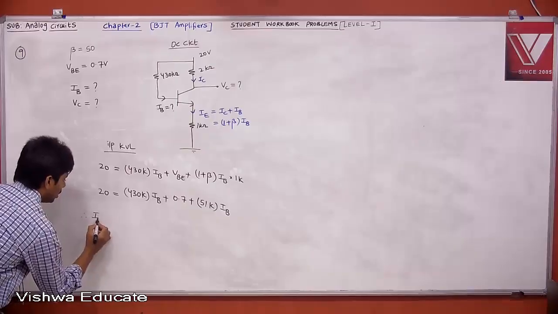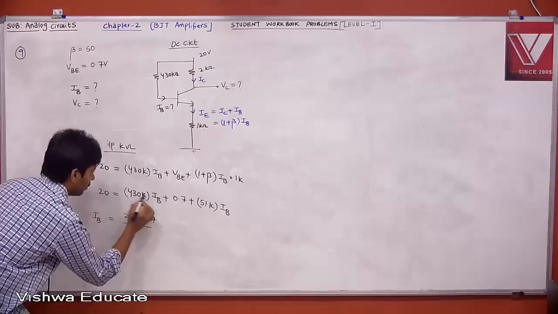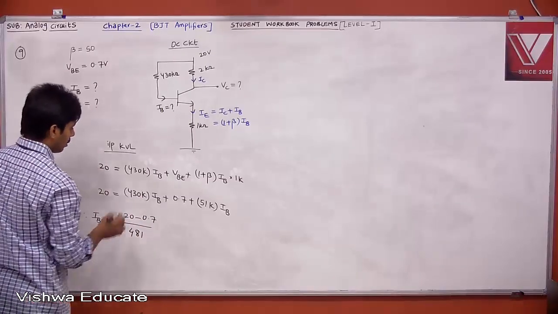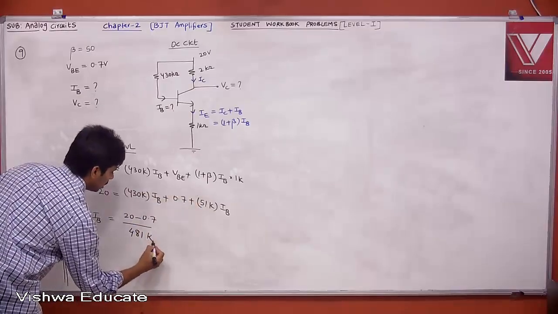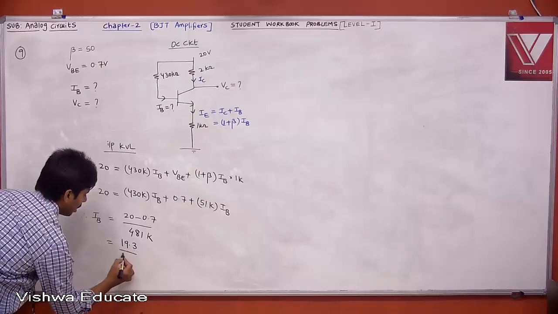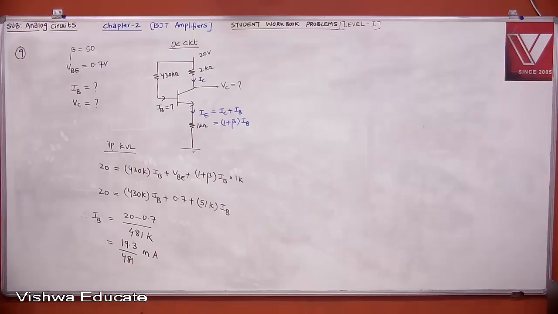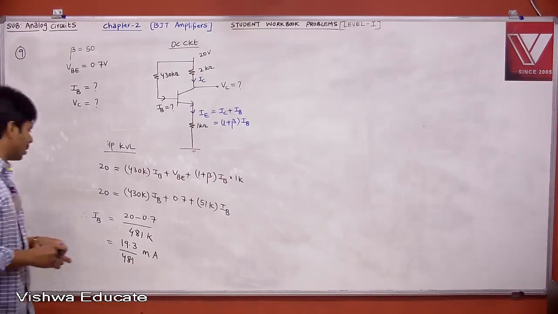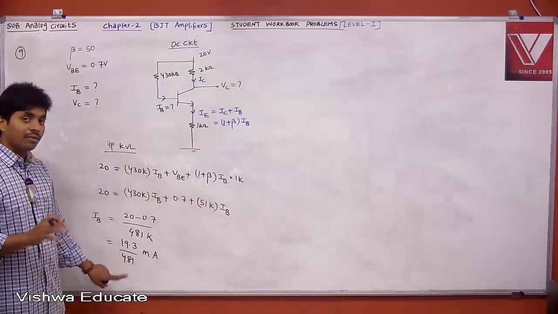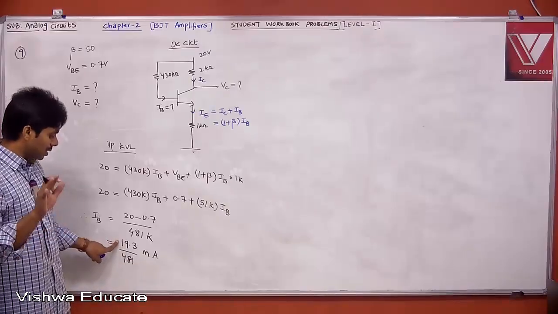Your IB is equal to 20 minus 0.7 divided by 430 plus 51, which is 481 kilo. Therefore, this is nothing but 19.3 divided by 481, in milliampere, since the K becomes milli. Approximately, can I take 481 as 500 and 19.3 as 20?